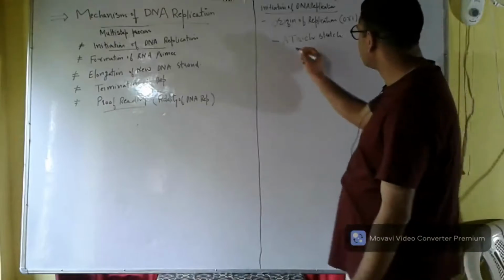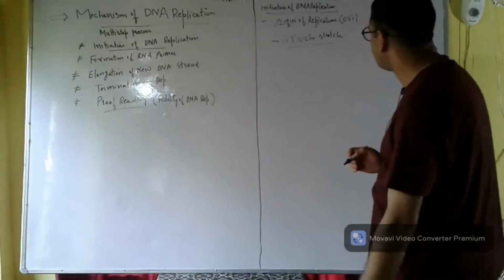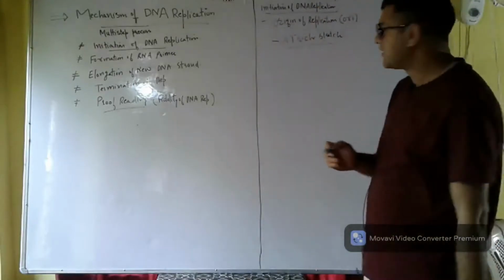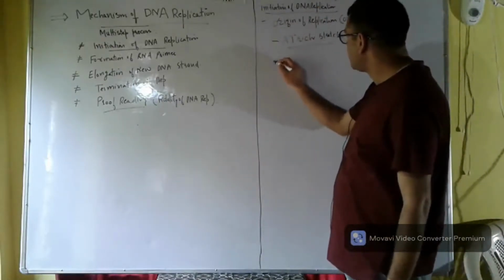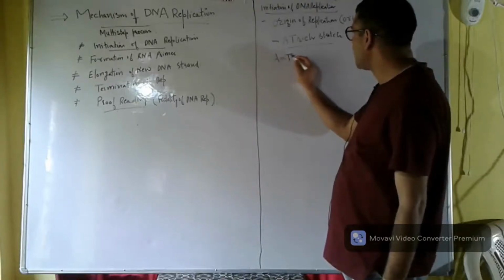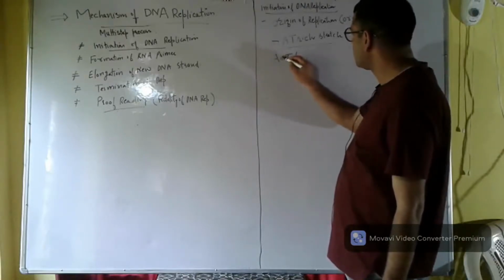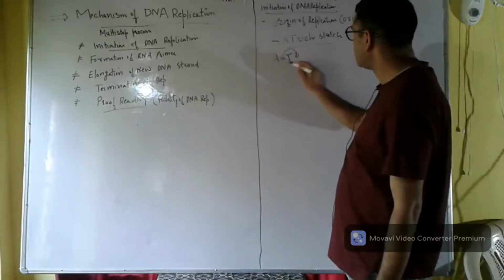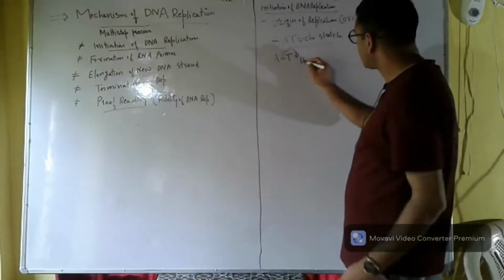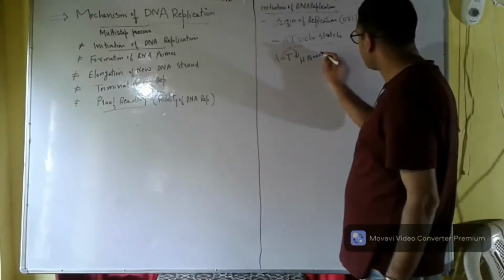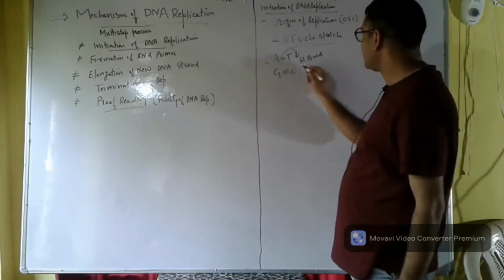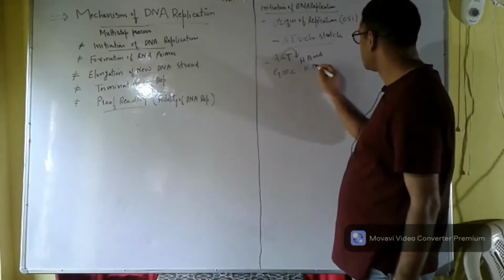Now the question arises: why is this adenine thymine rich stretch present in the ORI site? Actually, adenine has two hydrogen bonds with thymine, whereas guanine and cytosine have three hydrogen bonds.